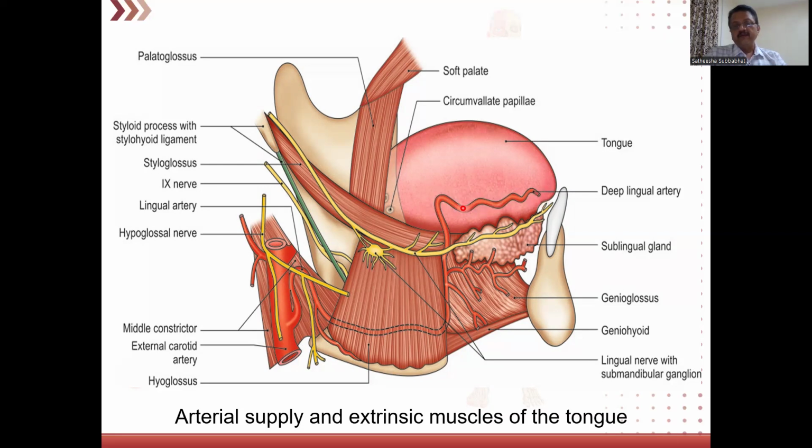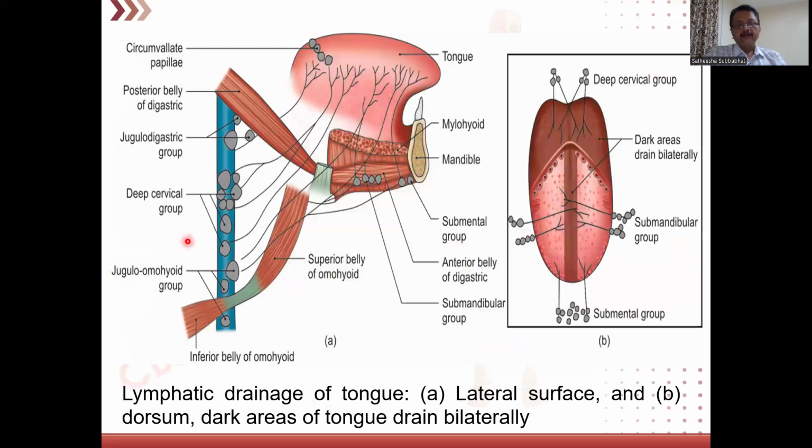So this wavy nature helps the free movement of the tongue. Accompanying the artery, there are veins, they're called venae comitantes, and this lingual vein finally opens into internal jugular vein.